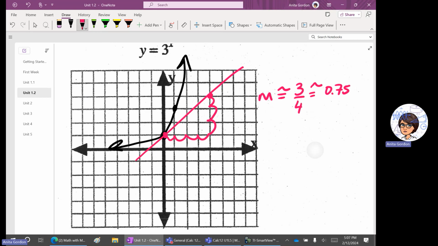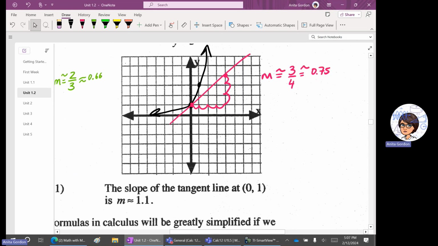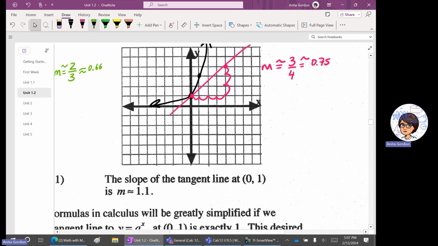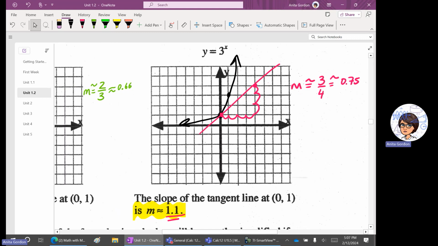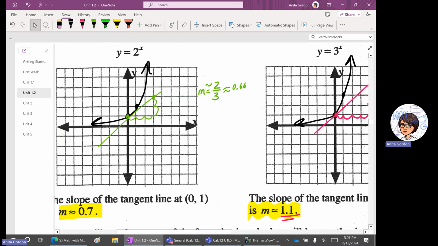If I were doing this by hand, I would have a slightly better and more accurate slope. Most closely, the slope of the tangent at the point (0, 1) for the graph 3 to the x is approximately 1.1. So when 2 is the base, the slope is 0.7. When 3 is the base, the slope is 1.1.